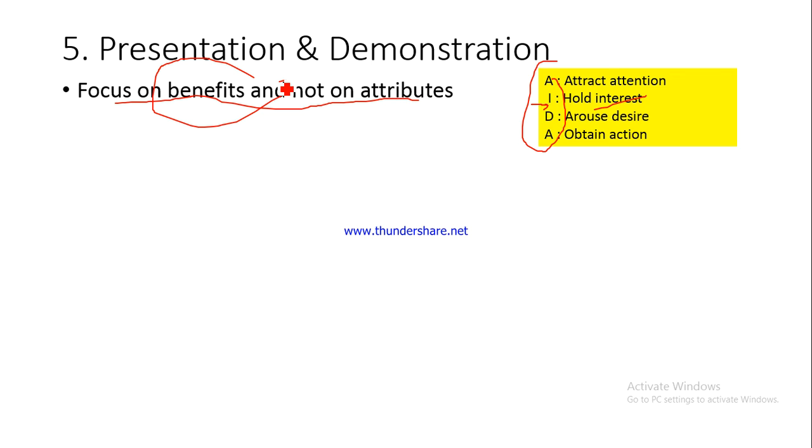For example, if you are purchasing a television, the pixel size, or supposing you are purchasing some camera, may be an attribute, but the benefit is that the picture that you take using this particular camera is clear. So this is the benefit. Don't focus only on the attribute. For example, if you are trying to sell a mobile phone, don't focus on the speed of the microprocessor.